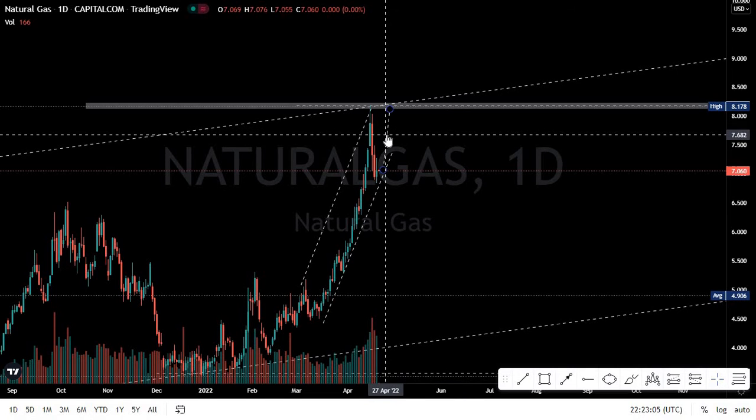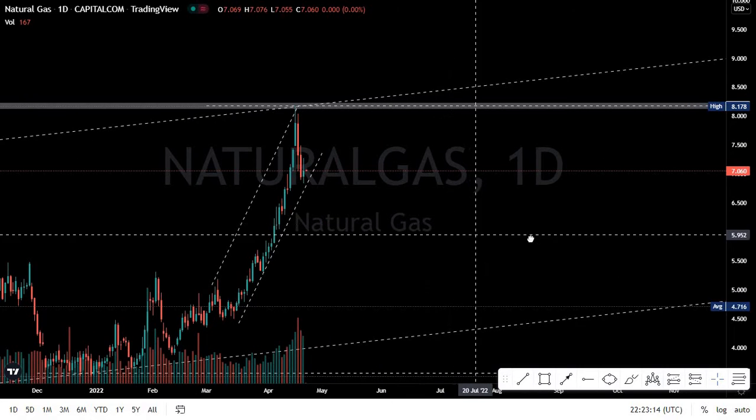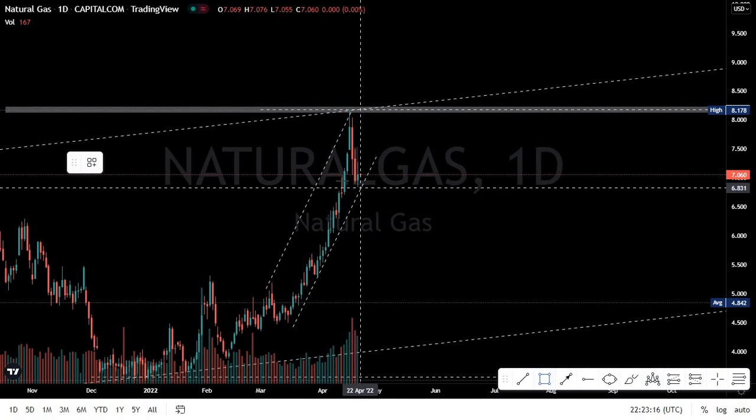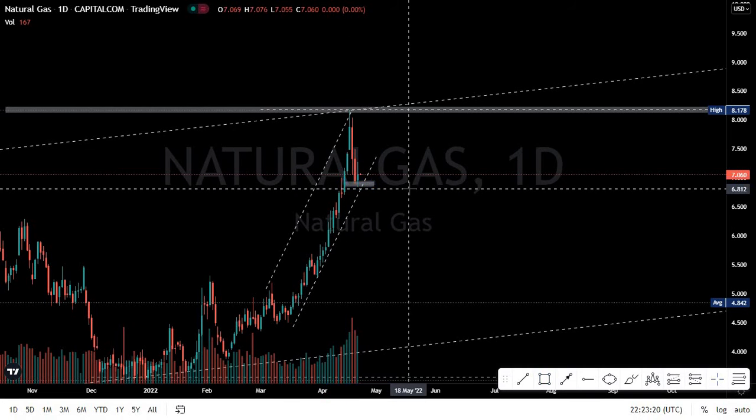This is what I'm expecting. But I still need to dive to a lower time frame to do my confirmations. I'll take note of this area here to be my support.